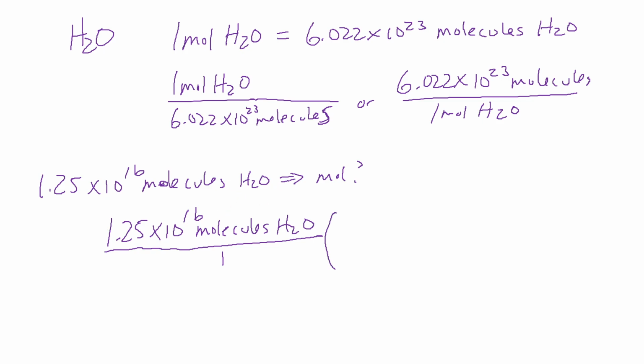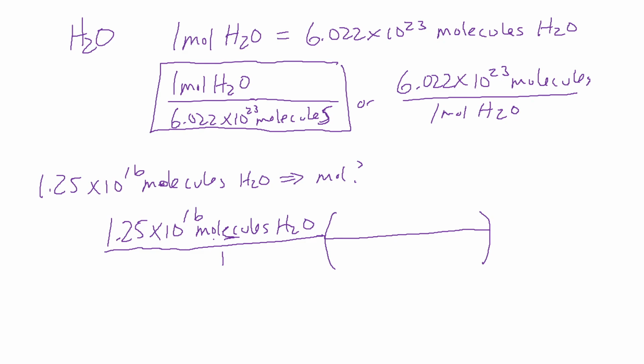That helps you when you do dimensional analysis because, again, opposites cancel. I could clearly see molecules up on top, which means that's going to be the winning conversion factor. Molecules on the bottom, opposite location. 6.022 times 10 to the 23 molecules of water in 1 mole of water.